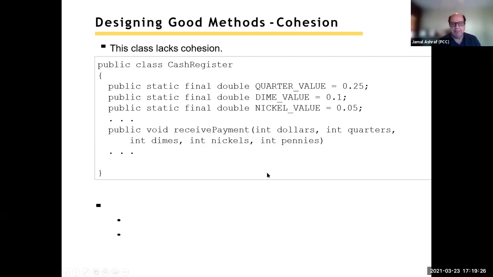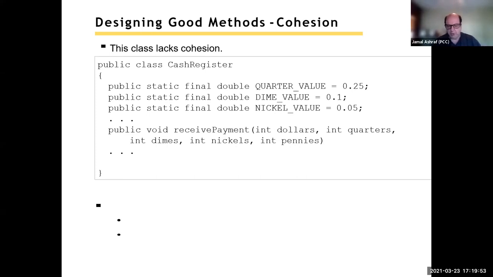So the thing that doesn't belong to my cash register is actually the coin. The concept of the coin is not part of the cash register. Even though we're talking about the coin, the coin is not the cash register.